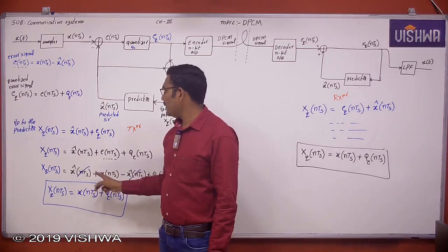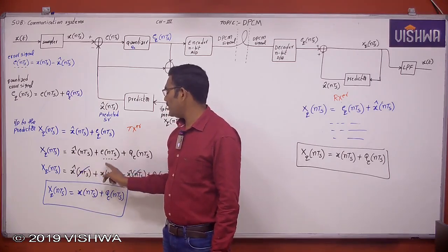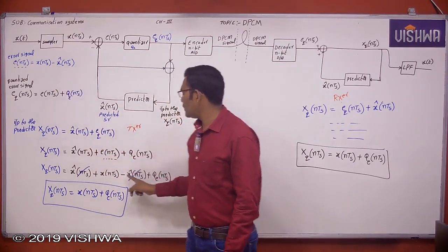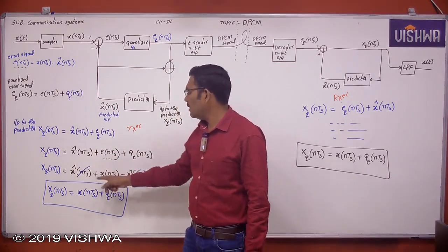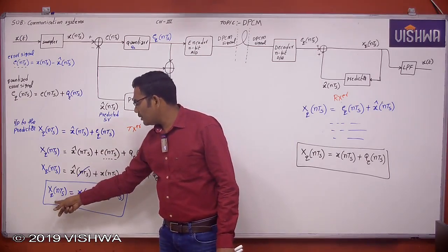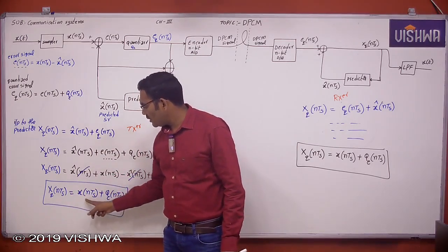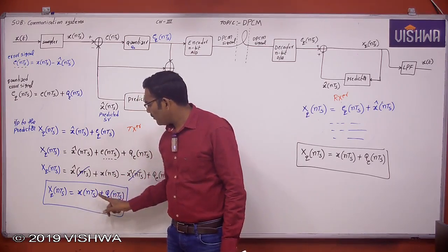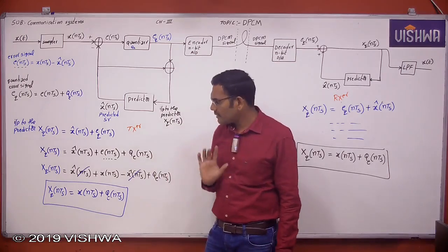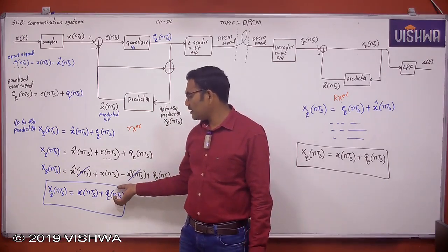So again I can write it. Now this x cap of nTs, e of nTs is nothing but x of nTs minus x cap, and this is cancelled. So finally the predictor input is nothing but the original sample value with some quantization error. Now let us take, my question is, quantization error is 0, the ideal case.